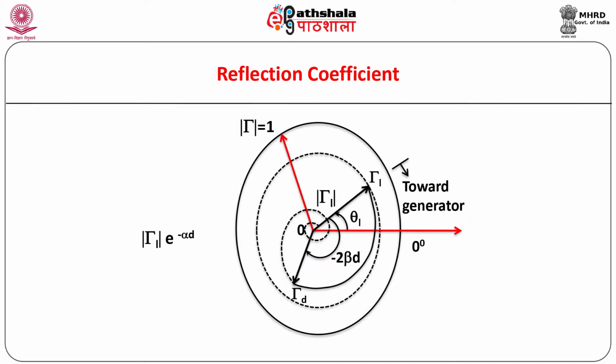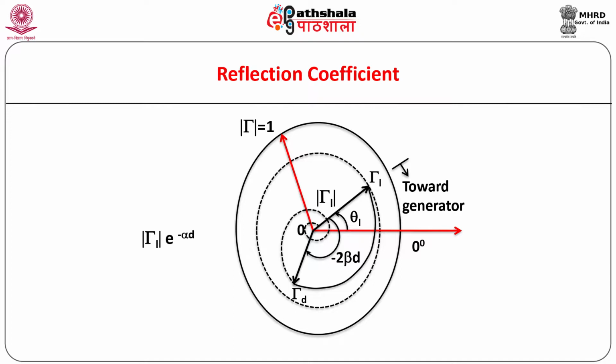In the case of a lossy transmission line, the attenuation constant alpha is not 0. Hence, the magnitude of the reflection coefficient goes on decreasing, and its phase angle theta L also goes on changing along the transmission line in the direction from load to the generator.